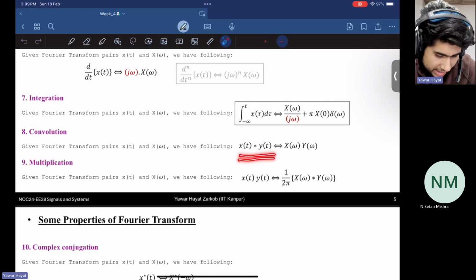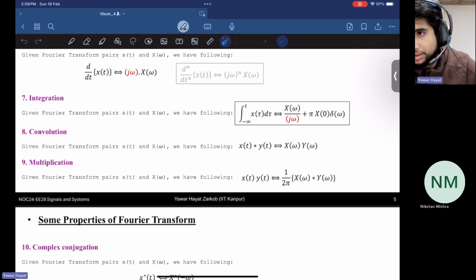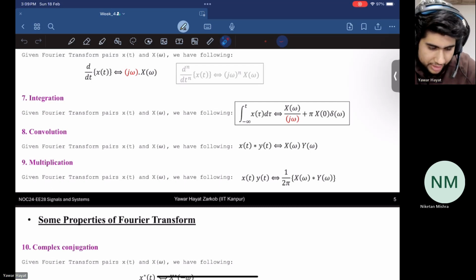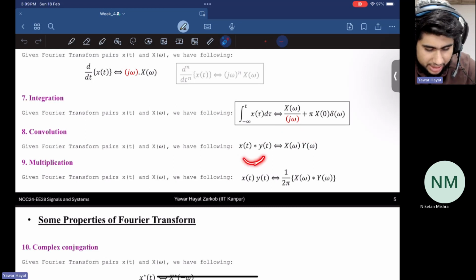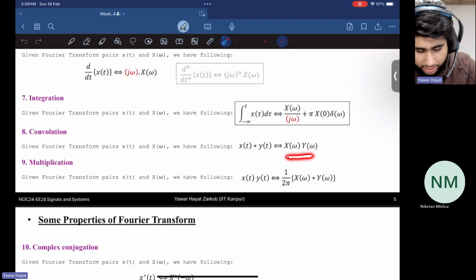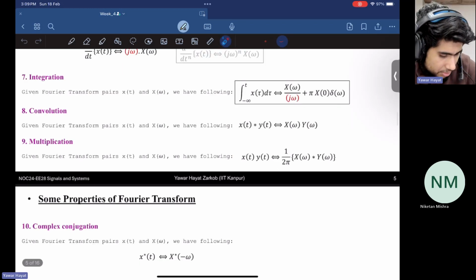So the convolution of the signals in the time domain, the Fourier transform of that is as if we multiply the frequency domain signals, right? X of t had Fourier transform x of omega. Y of t had Fourier transform y of omega. I took the convolution in the time domain and I'm multiplying the individual Fourier transforms. I'm literally multiplying them in the frequency domain. So that's the convolution property.